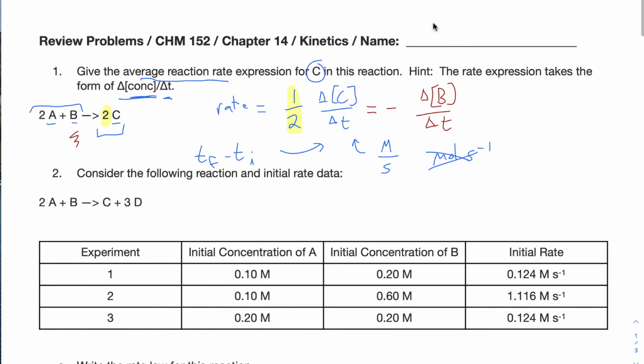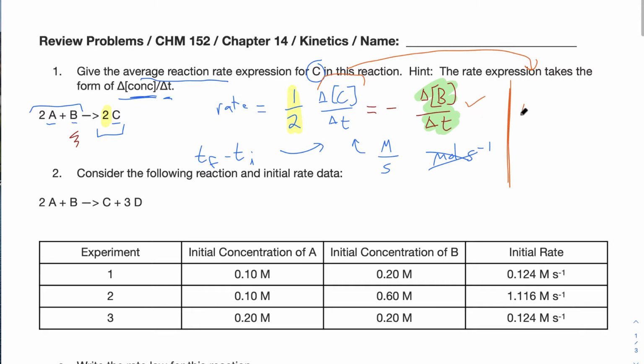Now, the very last thing I want to talk about with an expression like this is that if we were given information about the disappearance of B, then we could predict what the change in C is going to be based on that value.